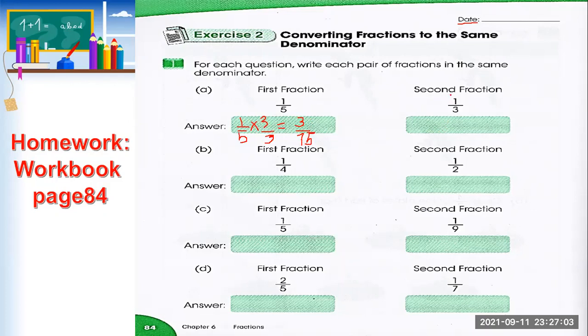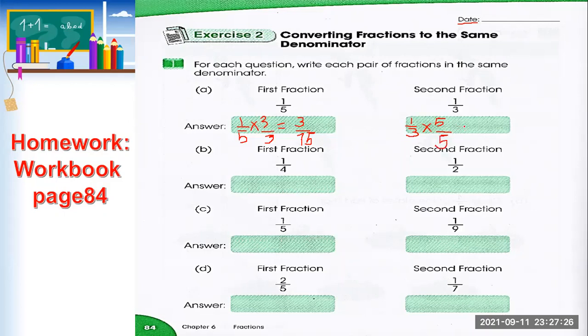All right. So here on the second one, again, copy the fraction 1/3 times the denominator of the first fraction, 5. Okay, there you go. I have a difficult time using this.